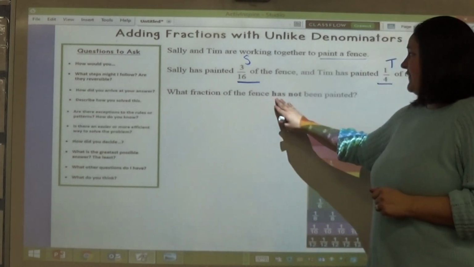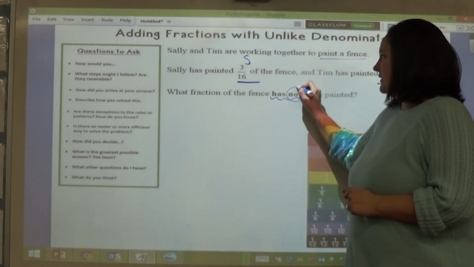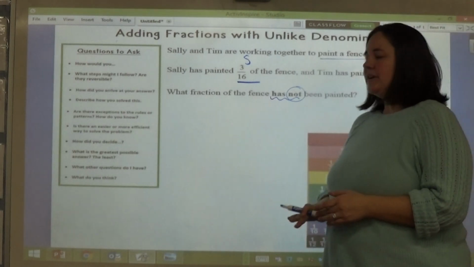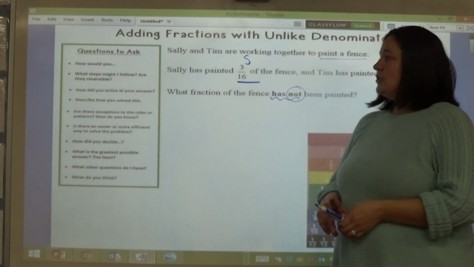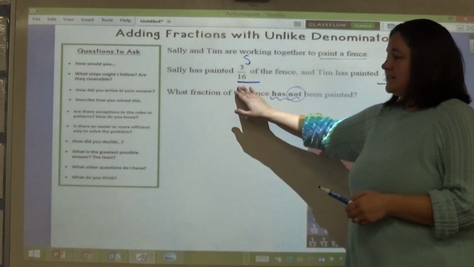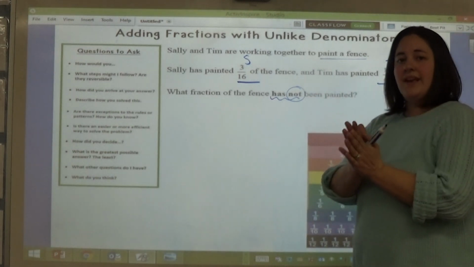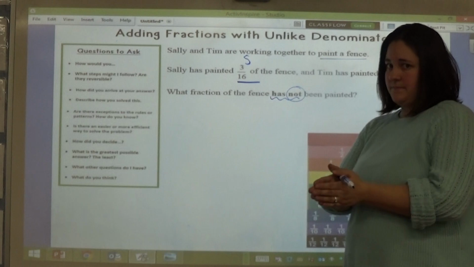What fraction of the fence has not been painted? Has not been painted is pretty important to know. So I think we need to first figure out what fraction of the fence has been painted. So if Sally has painted 3/16 and Tim has painted 1/4, we can add those together to find the total fraction of the fence that's been painted.